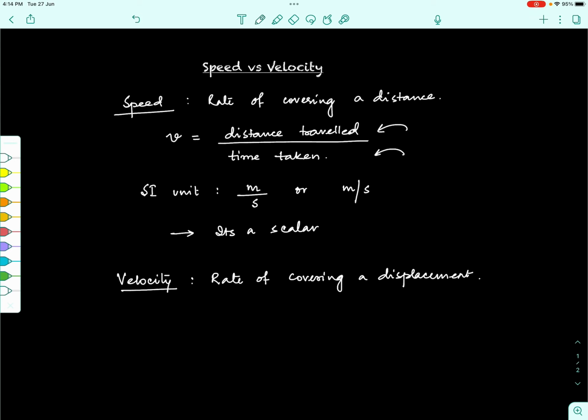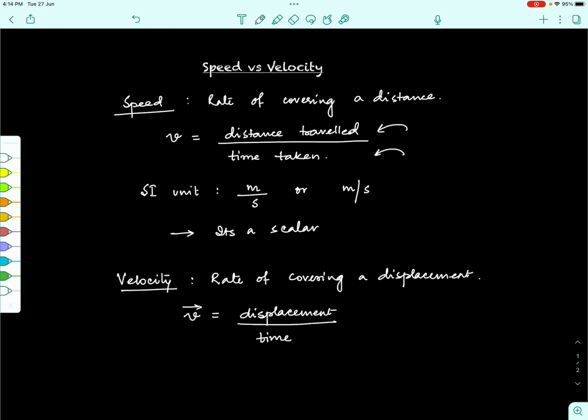Mathematically, v would be, now we use the same letter v to denote velocity. The only difference is that there will be a vector sign over it, because velocity is a vector quantity. It is given by displacement divided by time, or displacement covered by a body divided by the time taken in covering that displacement. Here also displacement is measured in meters, right?